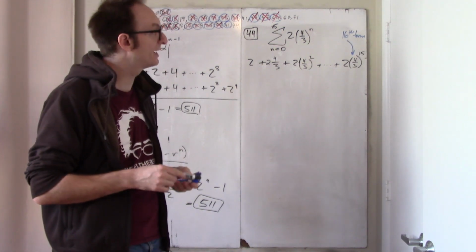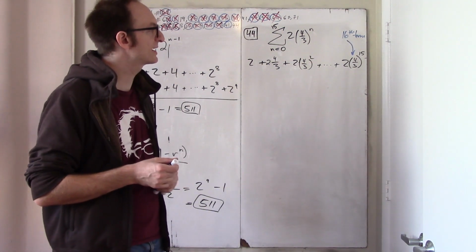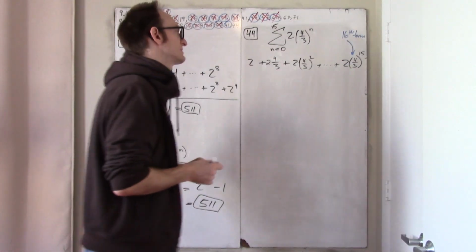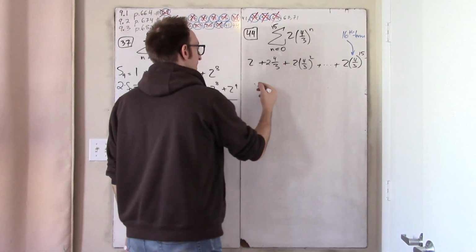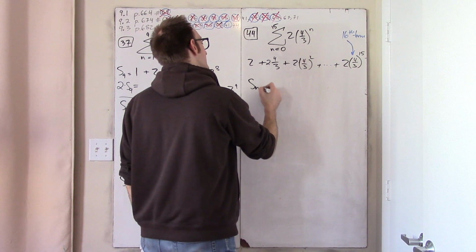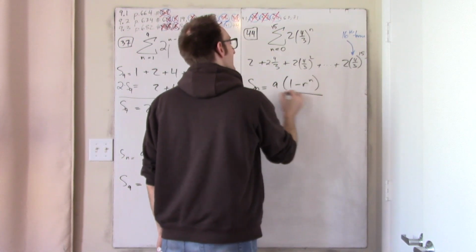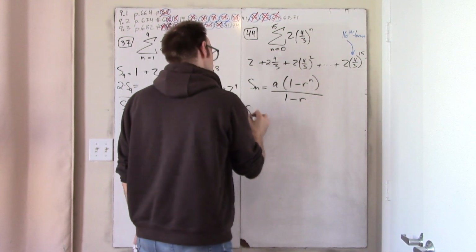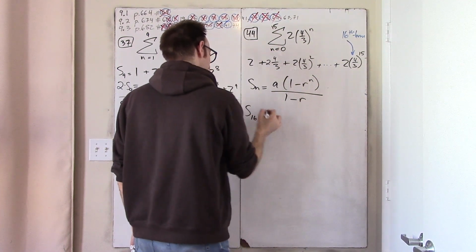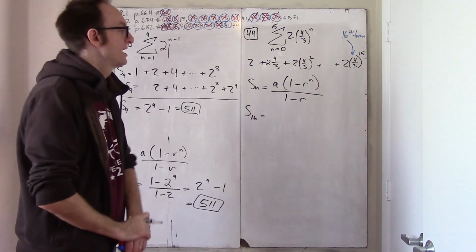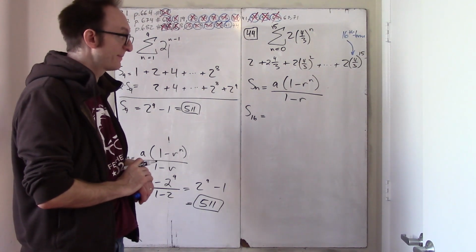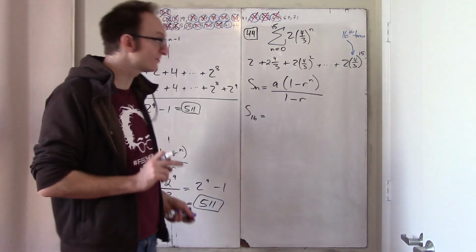Okay, and since it has 16 terms, when I go to apply the formula, it's kind of annoying because the formula says that the sum of the first n terms is a times 1 minus r to the n over 1 minus r. But we are actually summing the first 16 terms because that last number we're adding is in fact the 16th term.